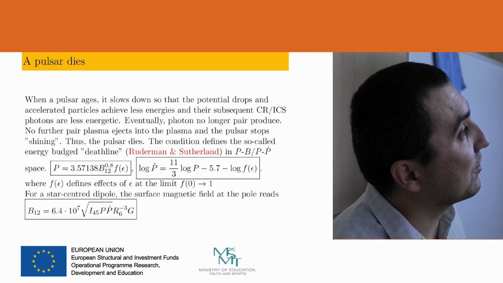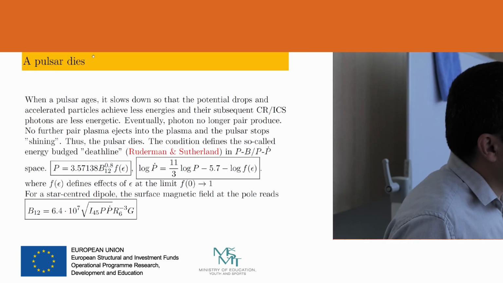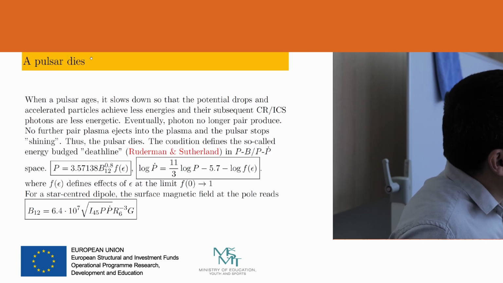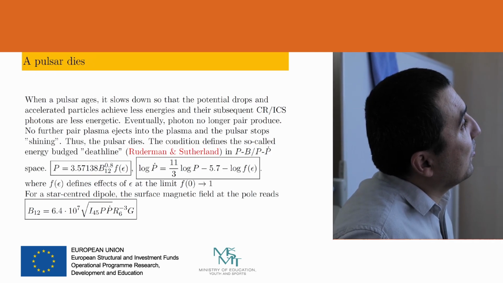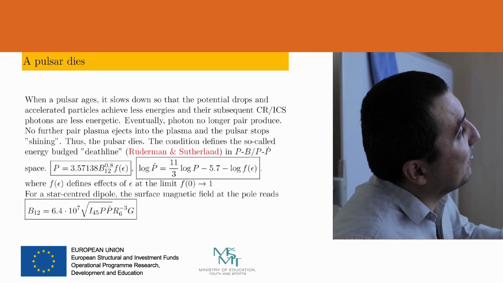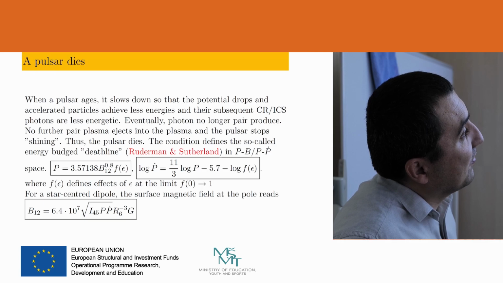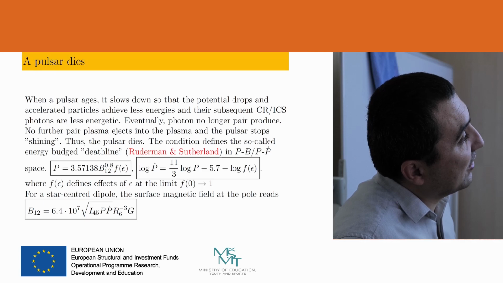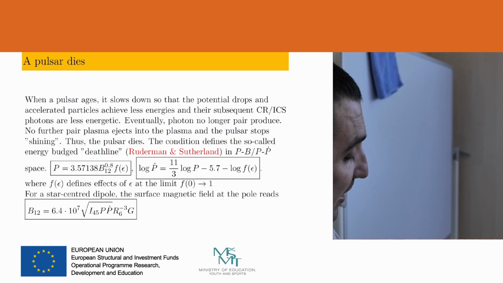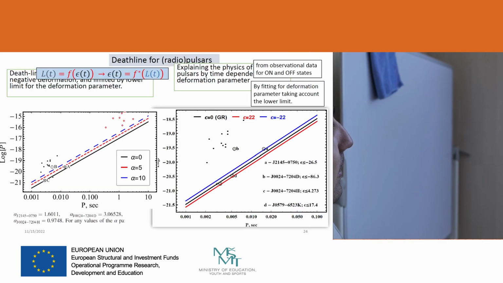For the first time, Ruderman and Sutherland suggested this, and this energetic condition for the deathline also is quite long, and I provide here some results, which depend on the deformation of the star, the space-time exterior to the star, and these results show that for positive values of the deviation parameter, this line decreases.